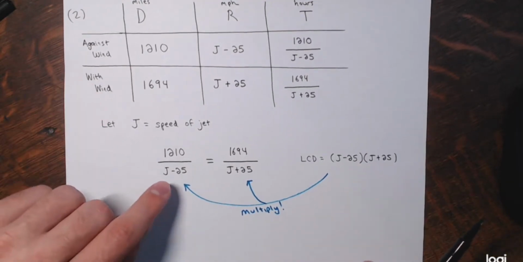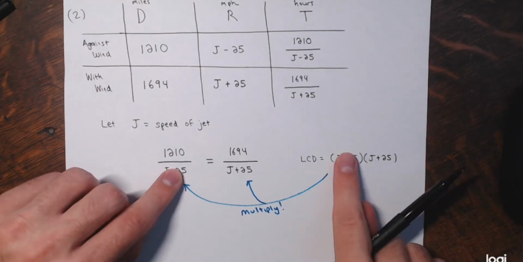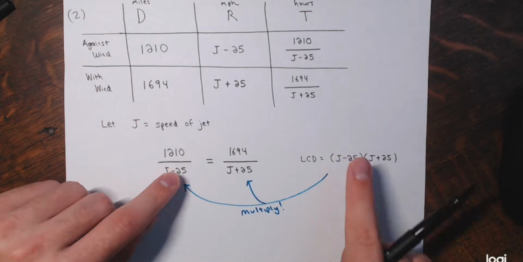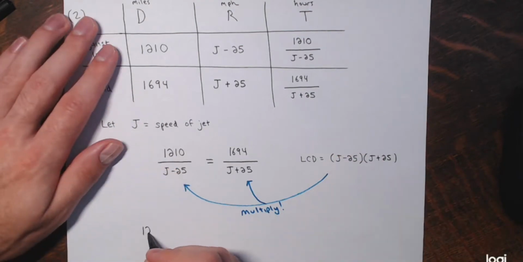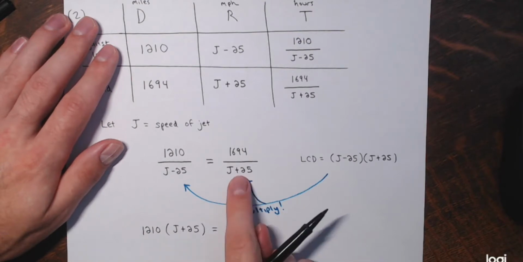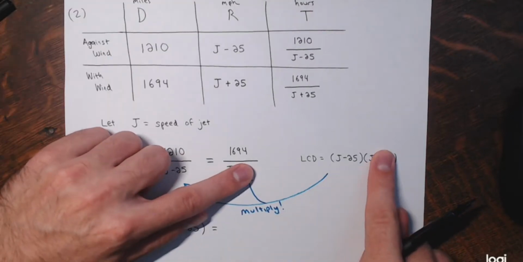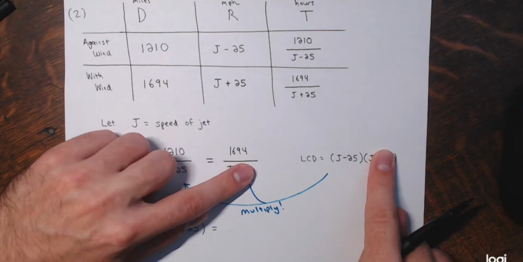On the left side, the J minus 25s would cancel, and I'd have 1210 times J plus 25, equals, and then on the right side, the J plus 25s would cancel, leaving me with 1694 times J minus 25.